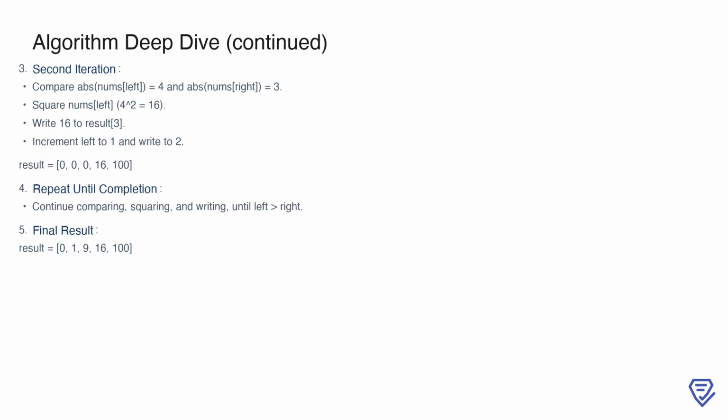At this point, all elements have been processed, and the result array contains the sorted squares. For the input nums equals -4, -1, 0, 3, 10, the final result is 0, 1, 9, 16, 100. This demonstrates how the two-pointer approach efficiently constructs the sorted squares without requiring additional sorting steps.